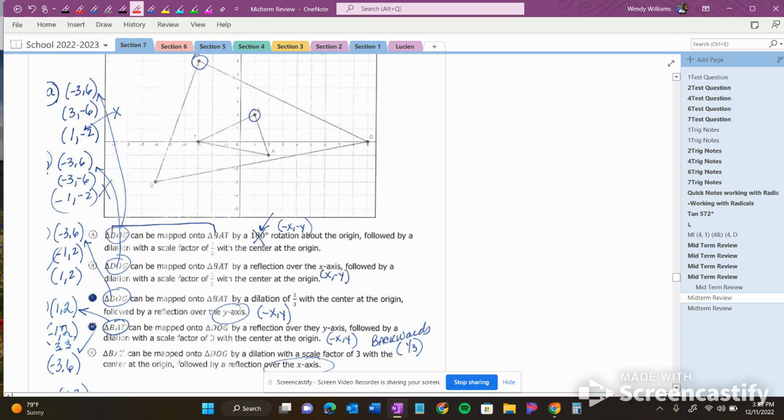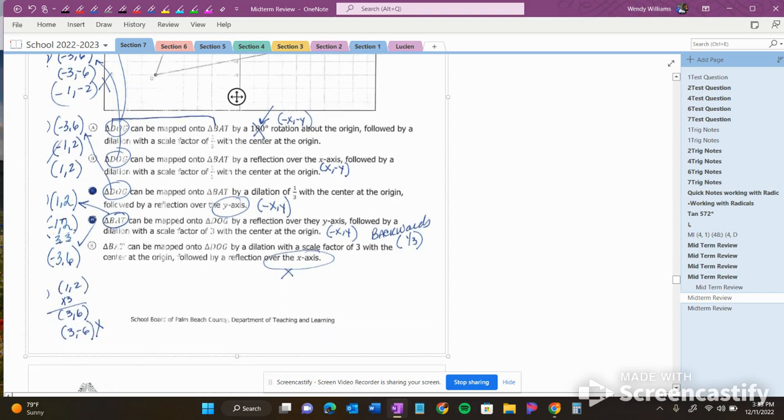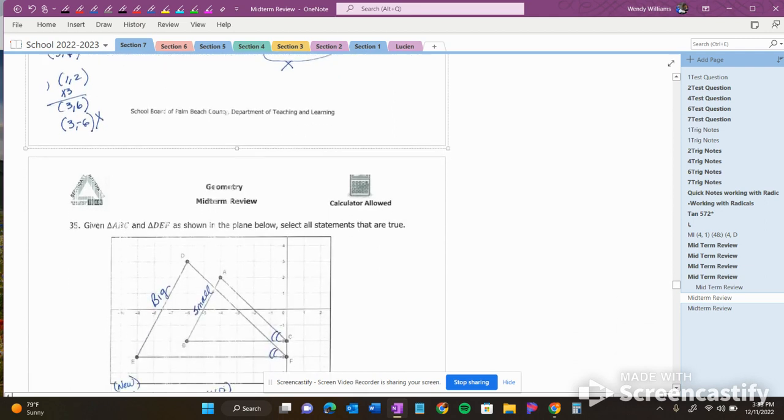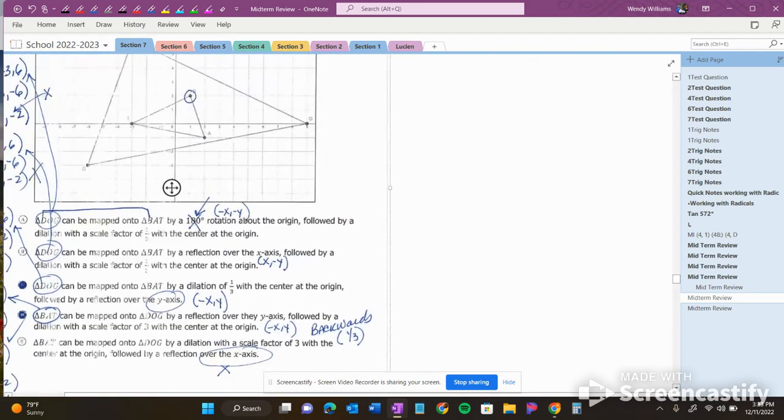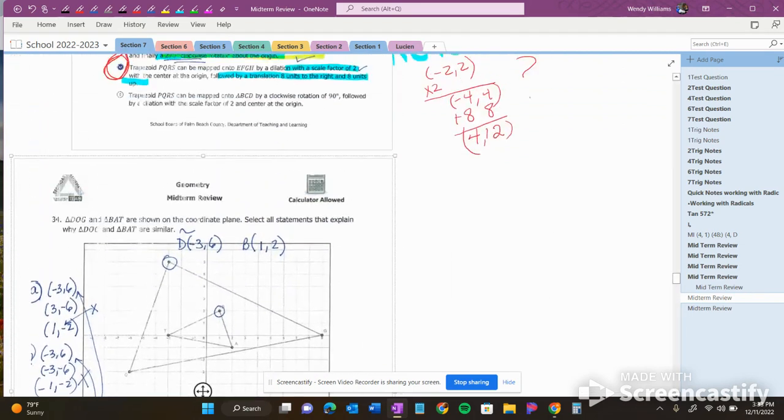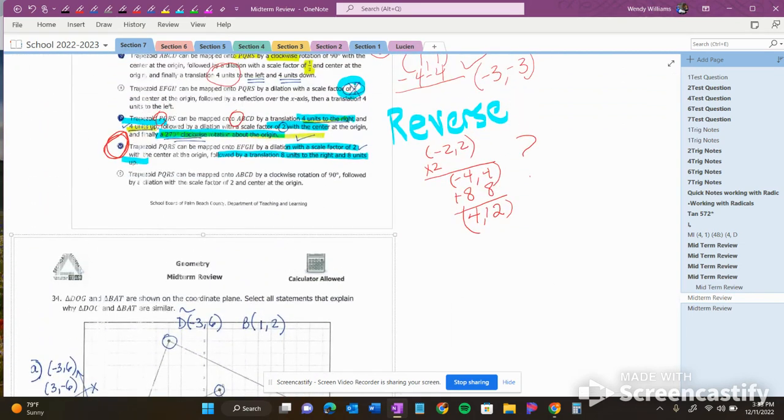Dog can be mapped onto bat. I think I'm going to do a video with just these two on there because there's a lot of work. So I'm going to come back and do these last two problems on a separate video.